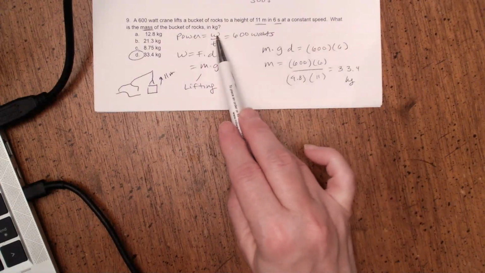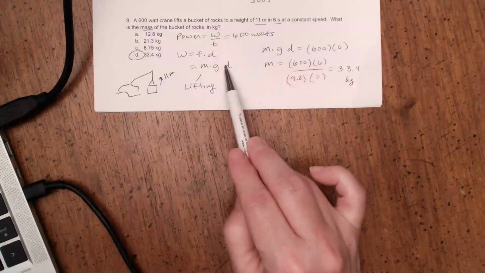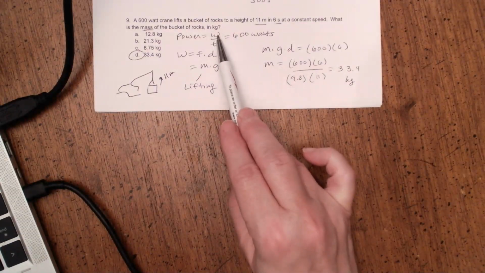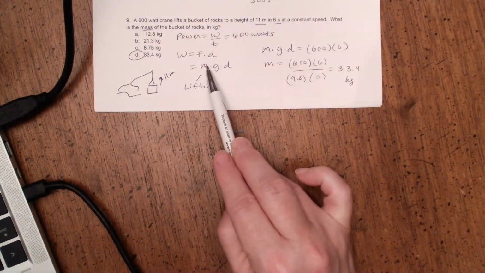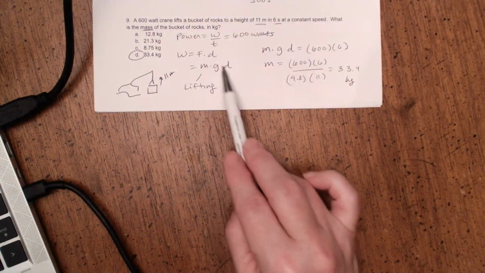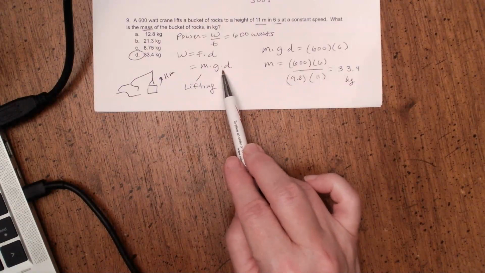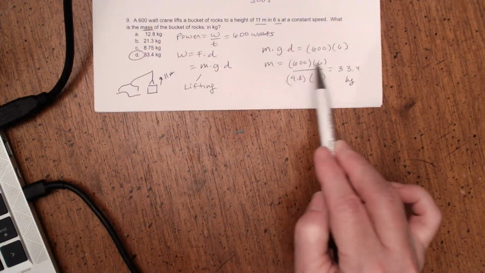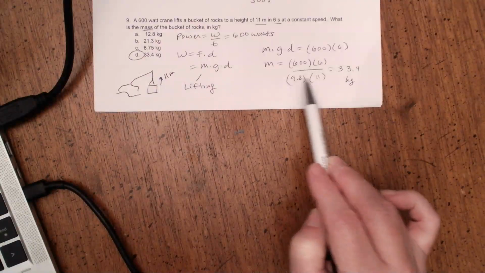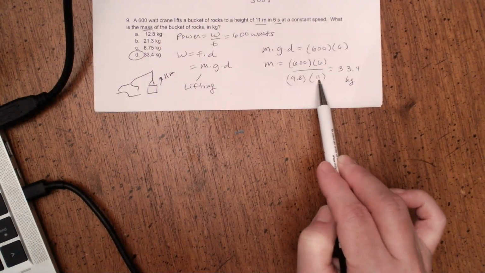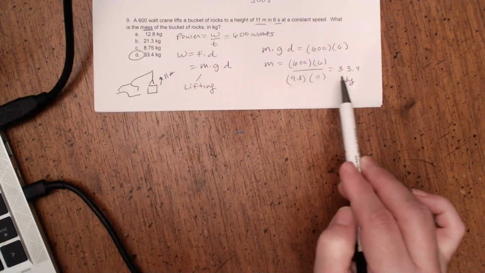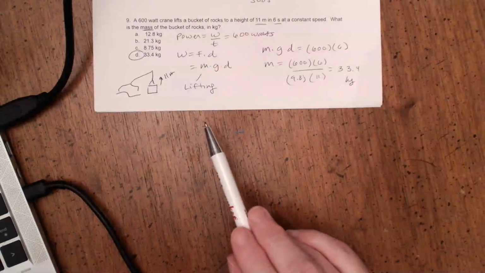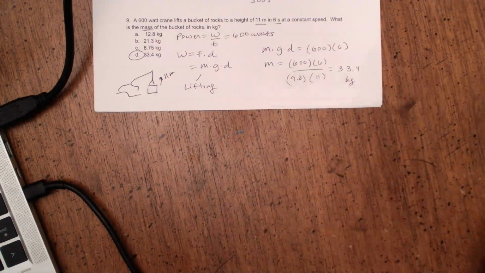I'm really taking these two equations, manipulating this one to solve for work, and then putting this in for work, because I know everything except for mass. I know power, I know time, I know g, I know displacement. And then I solve it out and I get 33.4 kilograms for the mass. Okay.